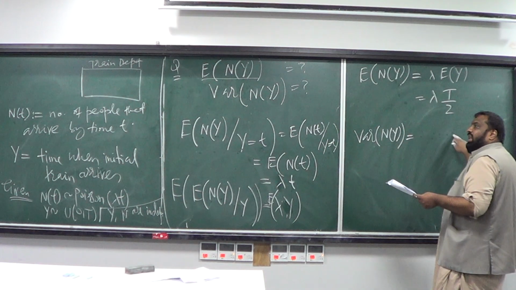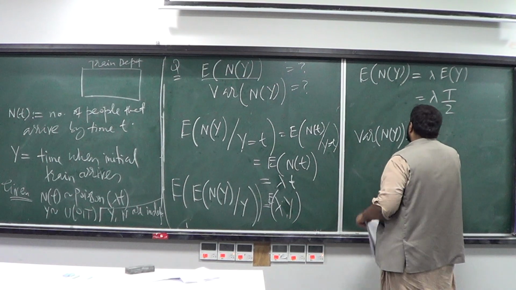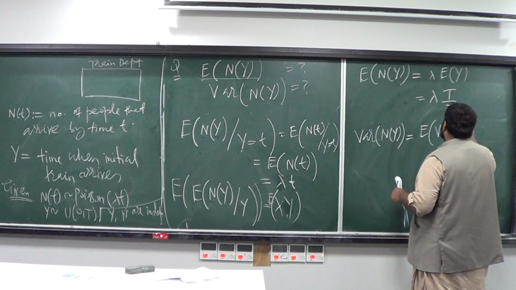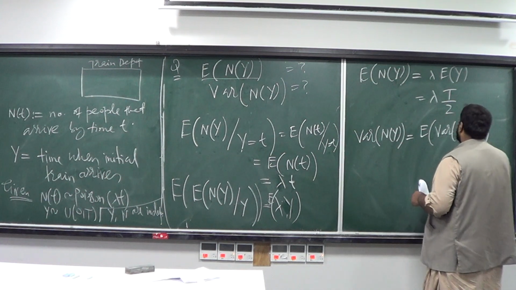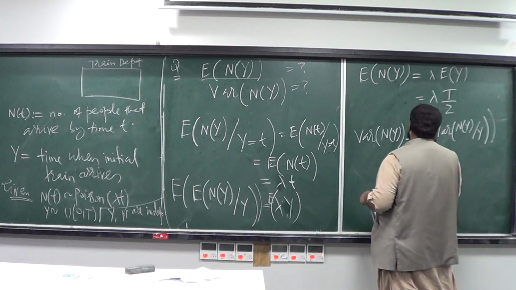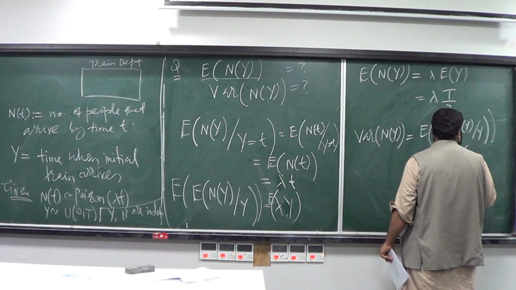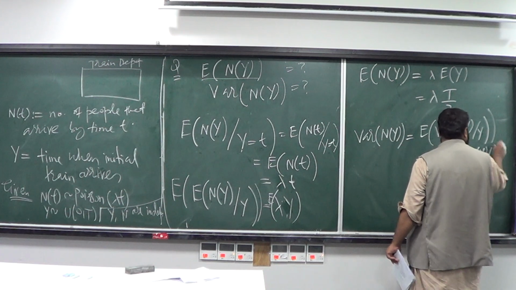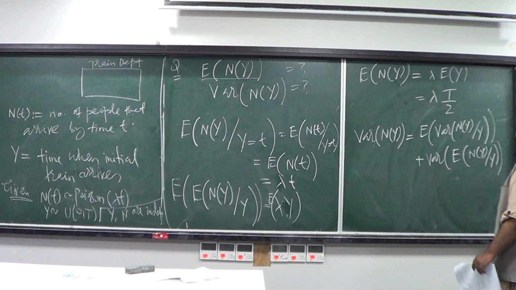So the expectation of the variance of N of Y given Y, plus the variance of the expectation of N of Y given Y. This is the information that we need to compute.